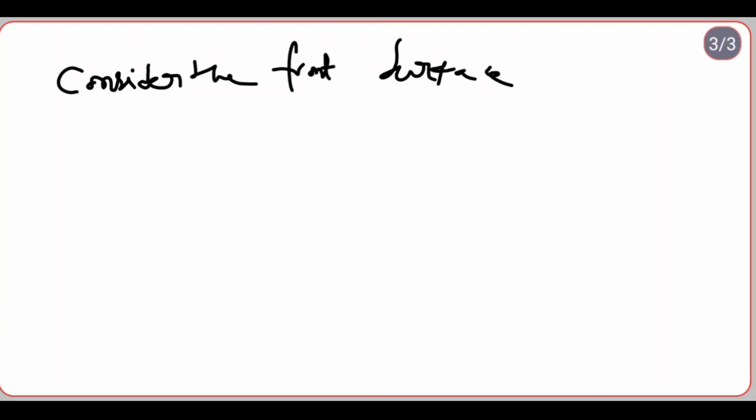Now we apply it for the front: front D dot dS equals, we can write. D bar in the front side is D front, or Dx front, in the x direction.